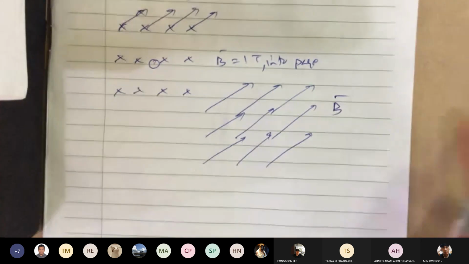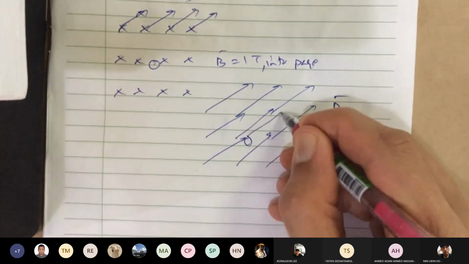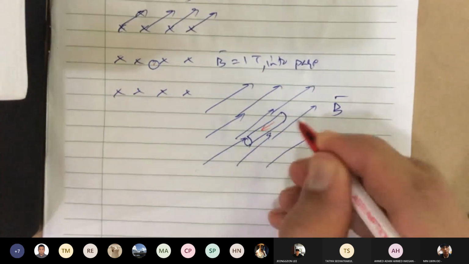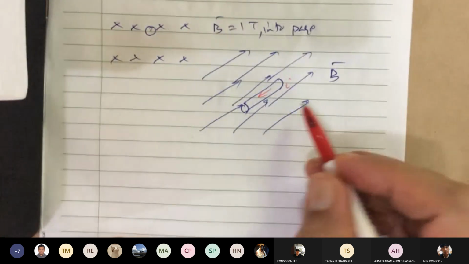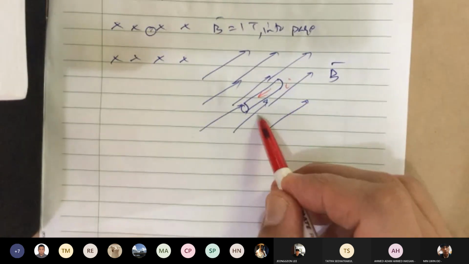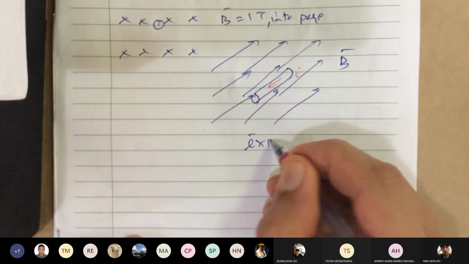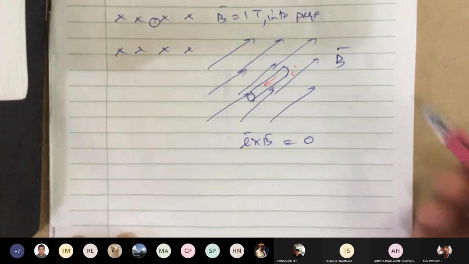B is into page. And then you have a wire inside. The current's going out. As you can see, if this happens, your L cross B would equal 0. Why?